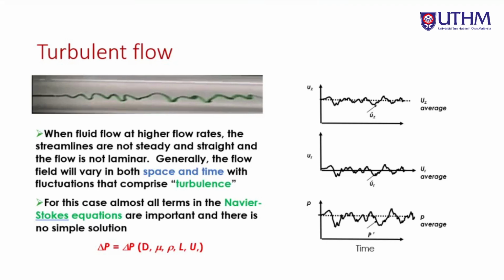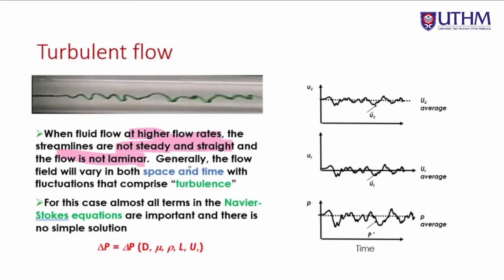Okay, right. Next, this is lebih more explanation on the turbulent flow. Let me see apa yang diceritakan kat sini. When the fluid flows at high flow rates, the streamlines are not steady and straight, and the flow is not laminar. And dia kata, bila kita kata turbulent ni, dia opposite of laminar lah, in which the flow rates will be higher lah.